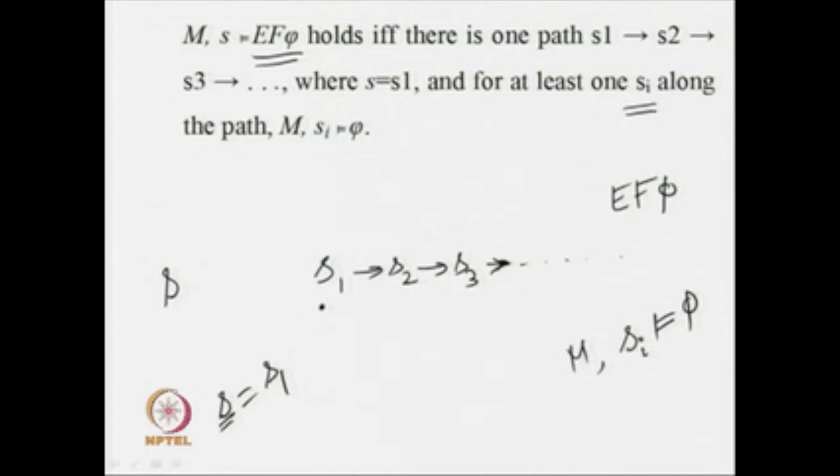But in this Si we are not excluding the first one, so i can vary over 1, 2, 3, all possible values, because we are not excluding this particular one here.